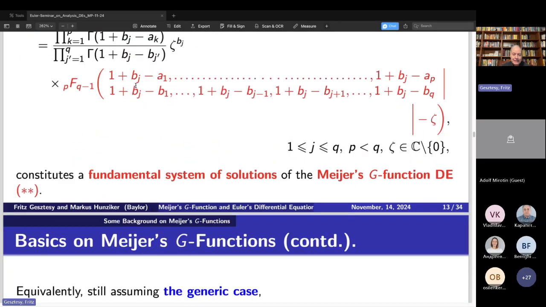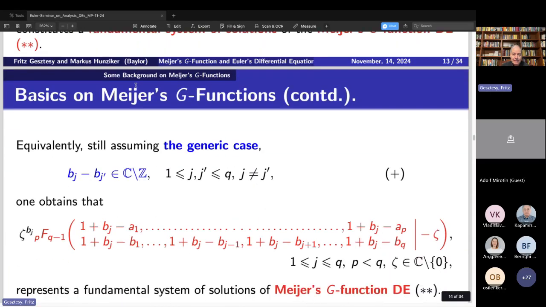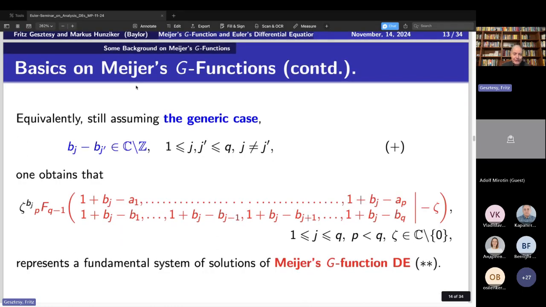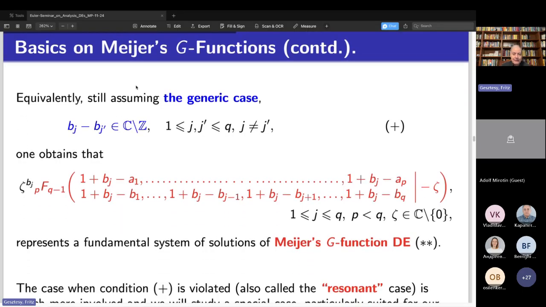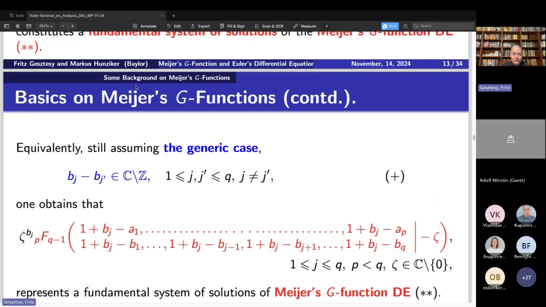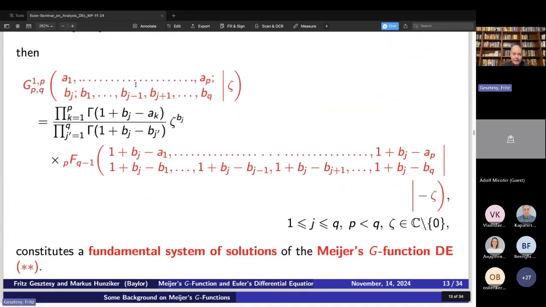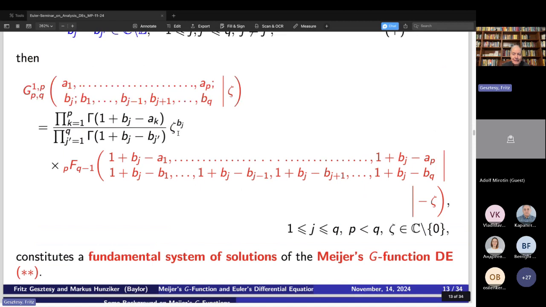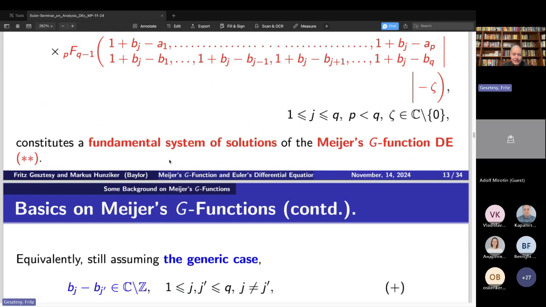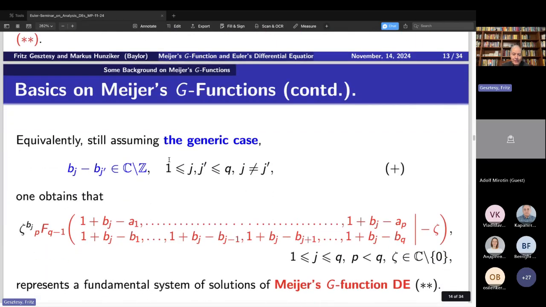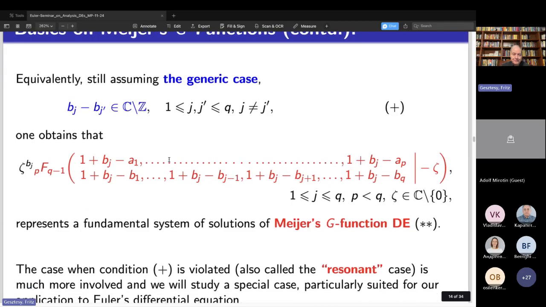So of course, that begs the question what happens in the non-generic case. But let me, just before we move to that, again, by looking at this expression here, state that the individual F's times this power zeta to the b j is of course also a fundamental system of solutions.